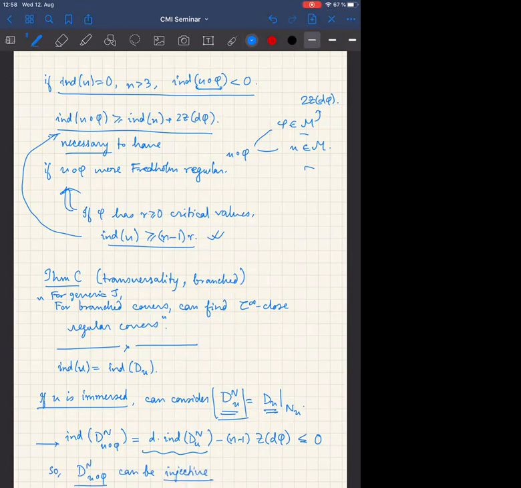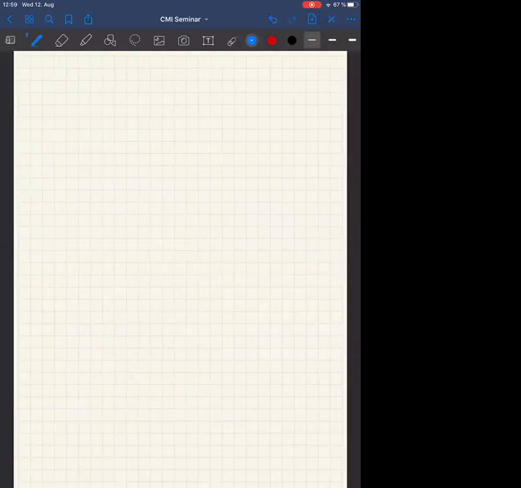Now, what does injectivity of this operator mean? Remember that sections of the normal bundle can really be looked at as perturbations which you can make to a curve. If you had a curve U and some section of the normal bundle, then to get curves nearby to U, you can make perturbations by those sections. So from that perspective, the injectivity of this normal Cauchy-Riemann operator for the cover really means that all the nearby curves to this curve are also covers.